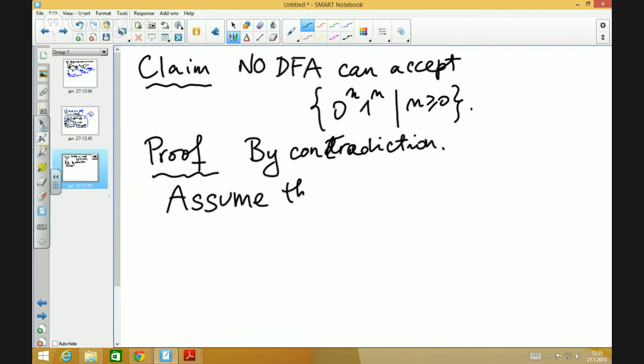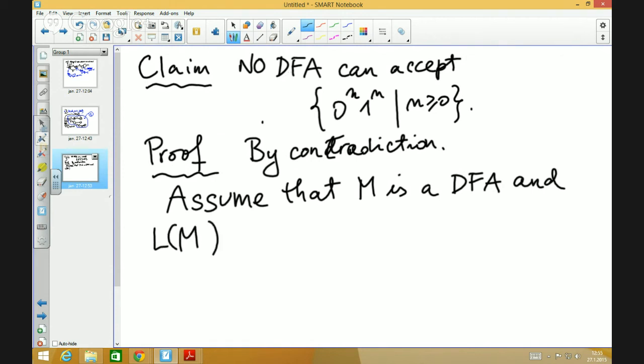Assume that M is a DFA and M actually accepts this language. Let's call this language A. The language accepted by M is A. Now, M is a DFA that accepts this language. It means it accepts all of the strings in this language and no other.